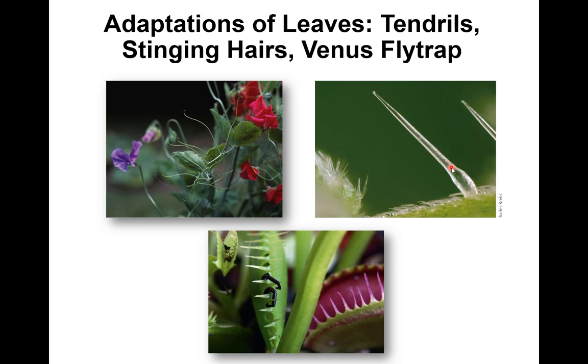These animals would break the stinging hairs, and the contact with the fluid will make the animal react, potentially even deadly. And then you have some leaves that have specialized to become a sort of digestive organ.